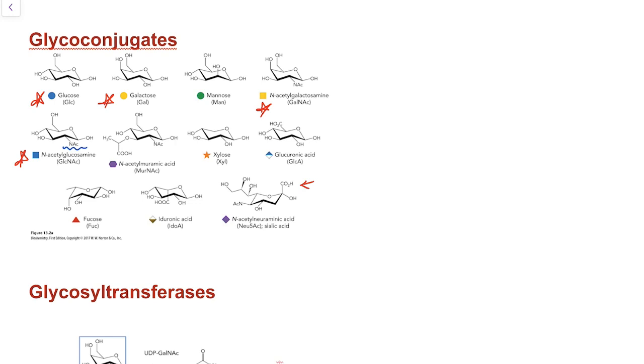You'll notice that I've starred the ones that are the most important. The N-acetyl linkages onto glucose or galactose are going to be shown in the same color, but now we've made them a square instead of a circle. So an N-acetyl glucosamine or N-acetyl galactosamine is going to contain, through the nitrogen, a link directly to that carbohydrate monosaccharide.